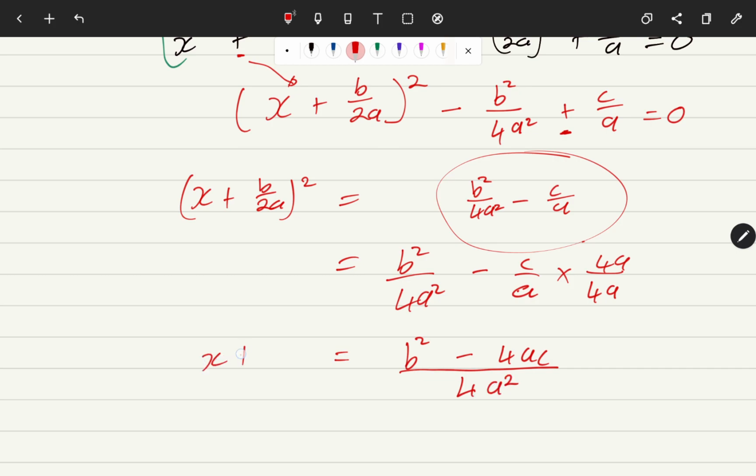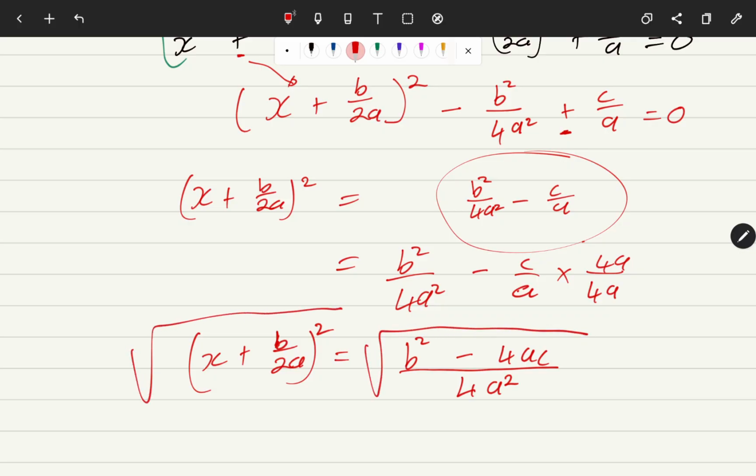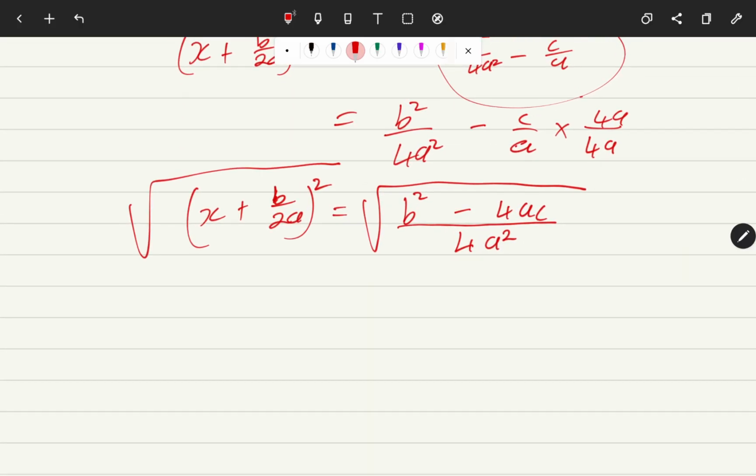Now I have x plus b over 2a, right? Now maybe it's the time for me to do that. Right, cool stuff. So on the left hand side, I just have x plus b over 2a. Oh, plus or minus, remember that one. So it's gonna be plus or minus.